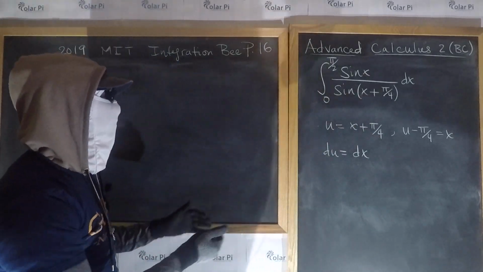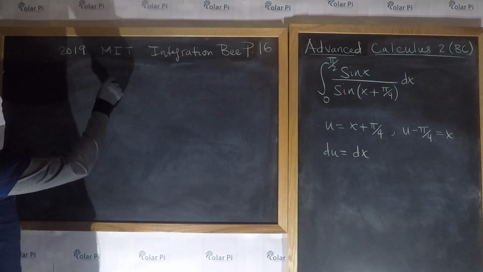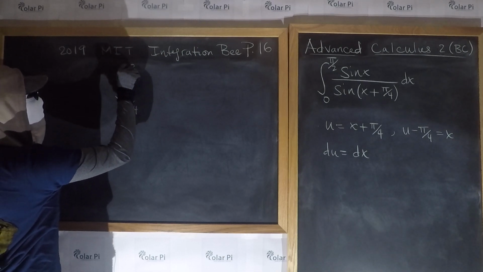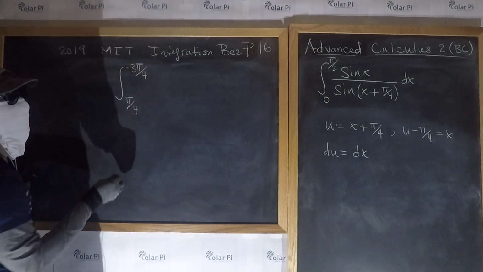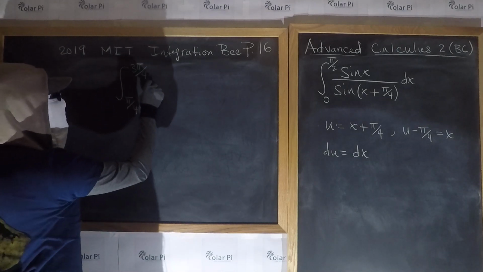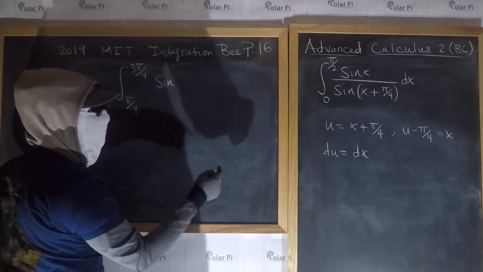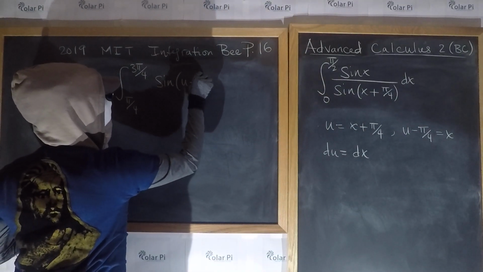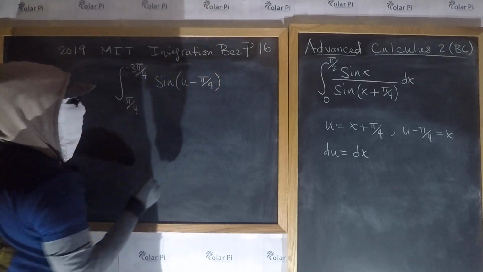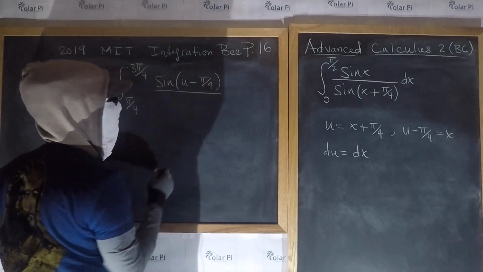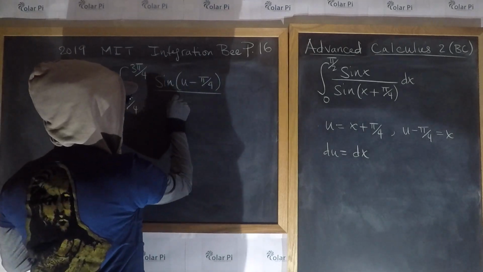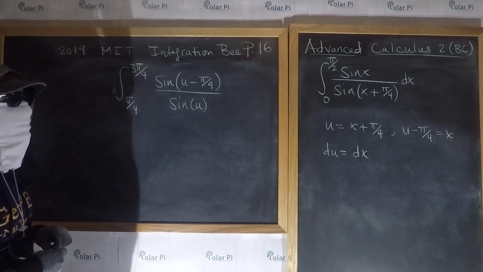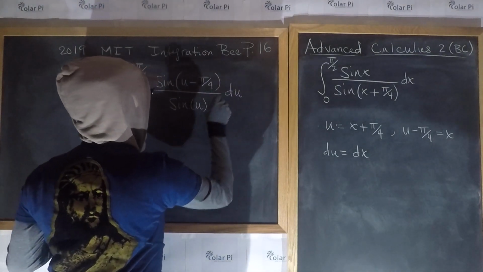Okay, so armed with this, we could now rewrite our given integral as integral from pi over 4 to 3 pi over 4, and then the numerator is going to be sine of x, but notice x is u minus pi over 4, so sine of u minus pi over 4, and then divided by sine of u, right? Sine of u, and then dx is simply du, so du.